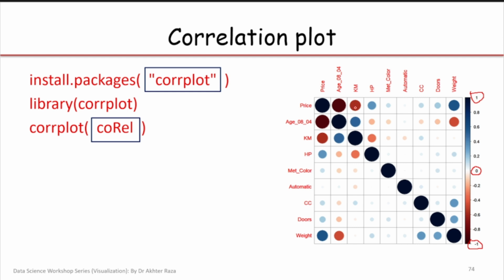So what these circles are indicating: the bigger circle means the higher correlation, the smaller radius of the circle indicates the weak correlation. The one important thing is the radius of the circle. The second important thing is, if the color is darker, it indicates a higher correlation. If the color is lighter, it indicates a weaker correlation. So this is the way of identifying the correlations in a graph.